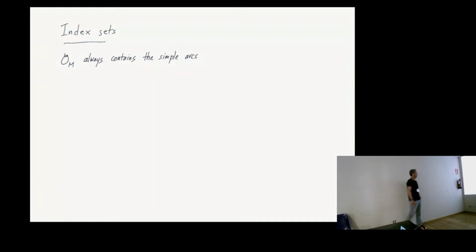Okay. So, just to point this out again, no matter what your coherent marking is, the set of unsupportive orthogeodesics, saying that another way, always contains the simple ones. Right? So that's the point.